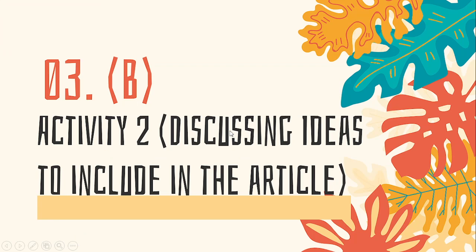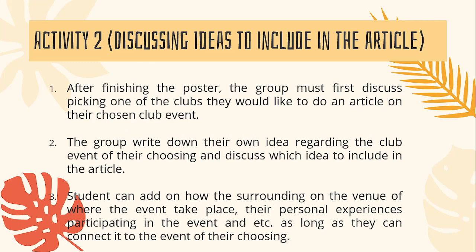Okay, let's move on to Activity 2, discussing ideas to include in the article. So after matching the sentence to the picture, before they begin writing the article, the group first must discuss which club activities they want to focus on and write an article on.